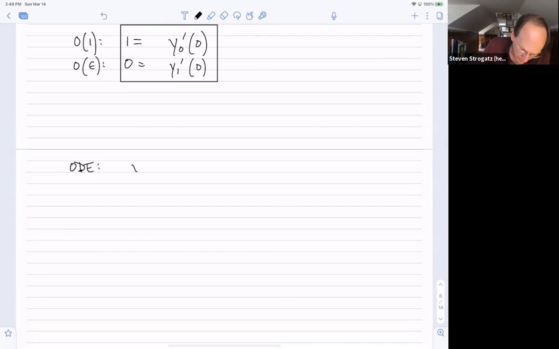So remember, it was y double prime is minus 1 all over 1 plus epsilon y squared.